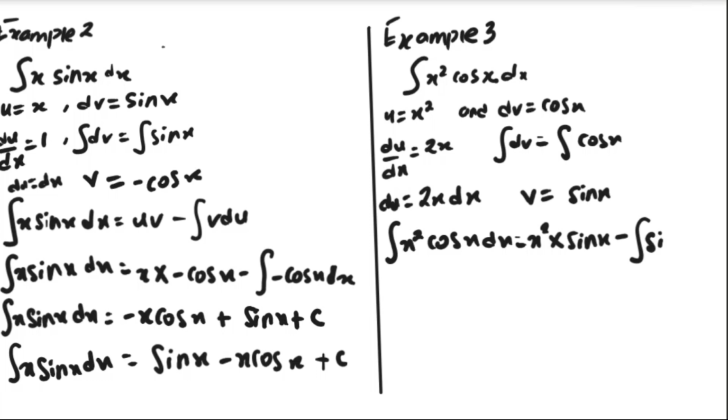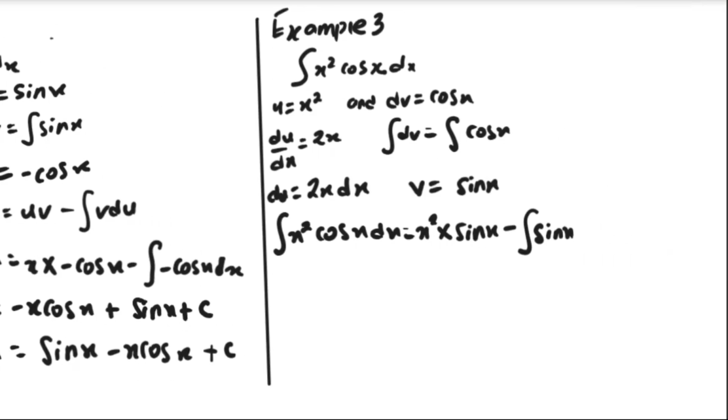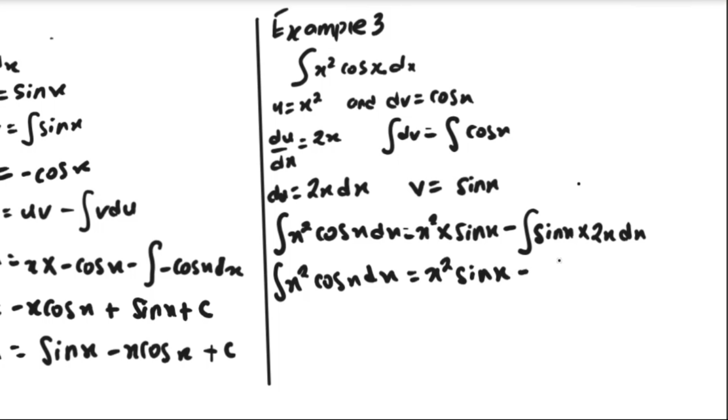So that will be sine x. And our du, that's 2x dx. Okay, so that will give us sine x times 2x dx. So integral x squared cos x dx will give us x squared sine x minus, now we can factorize these two out.